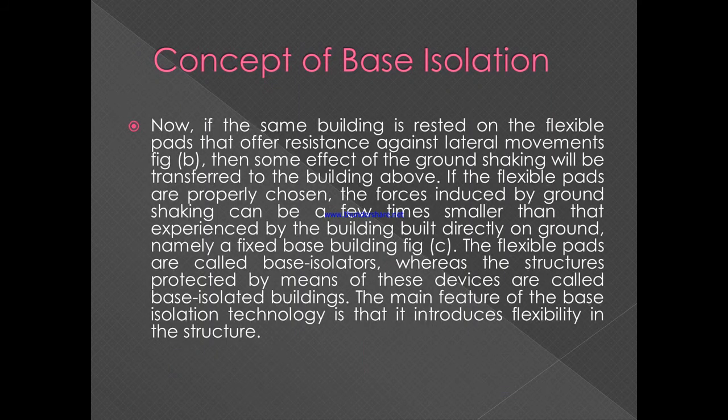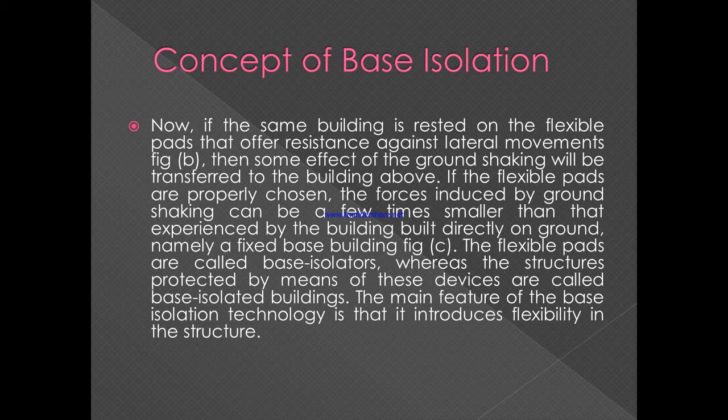Now if the same building is resting on a flexible pad that offers resistance against the lateral movement, then some effect of the ground shaking will transfer to the building above. And if the flexible pads are properly chosen, then the force induced by the ground shaking can be a few times smaller than that experienced by a building built directly on the ground, namely a fixed base.